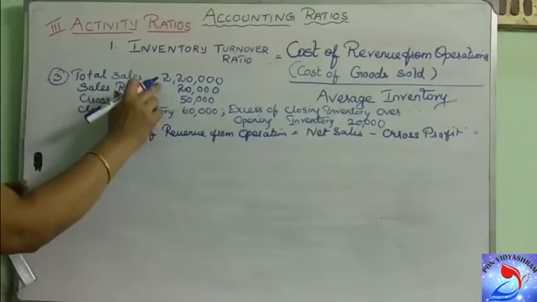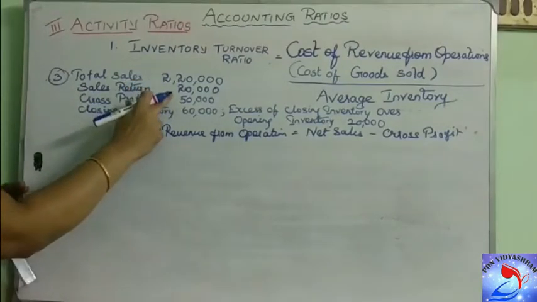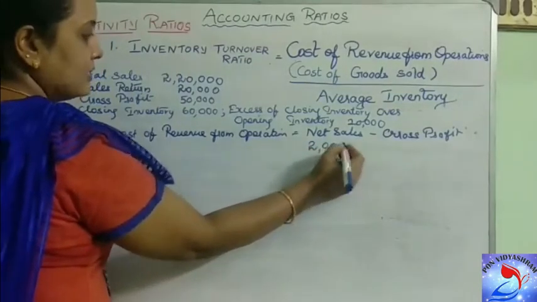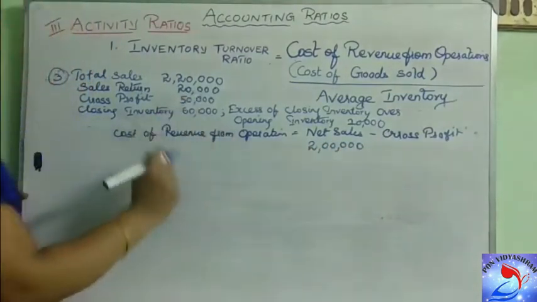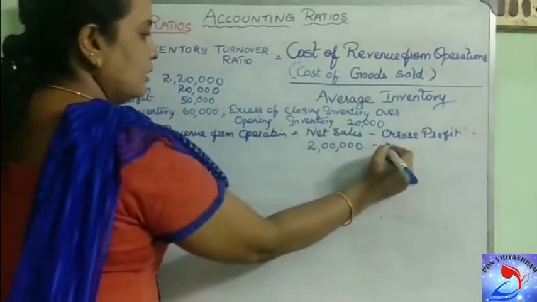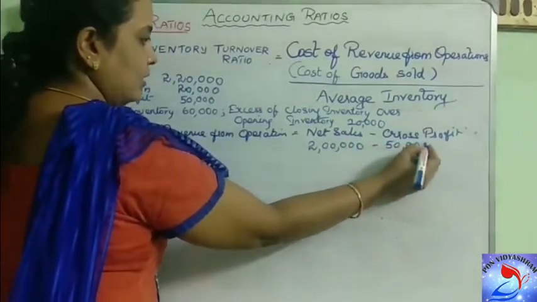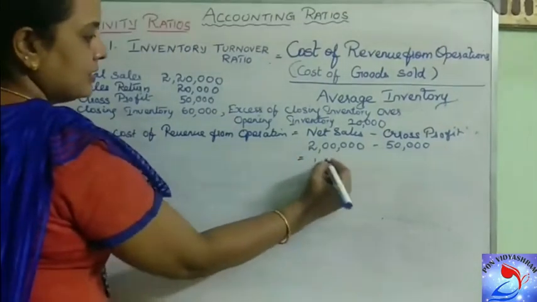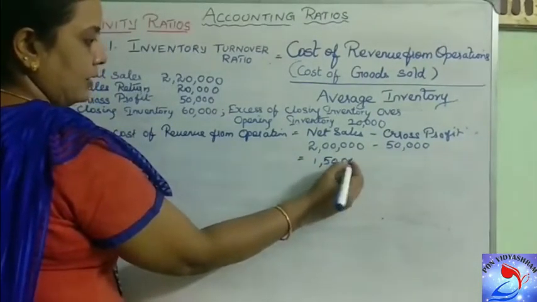So net sale will be 2,20,000 minus 20,000, which will give you 2 lakh as your net sale. Your gross profit is 50,000. So subtract 50,000 and you get the cost of revenue from operation, that is 1,50,000.